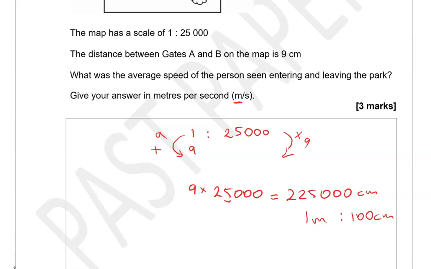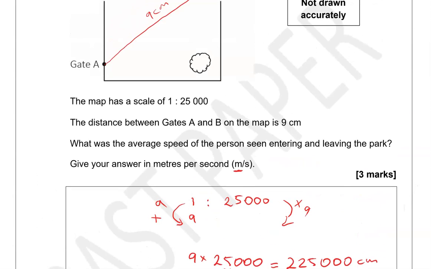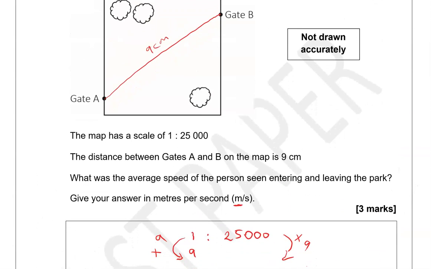So we're going to divide 225,000 by 100. And that gives us 2,250 meters. So that's the total distance from gate A to gate B.